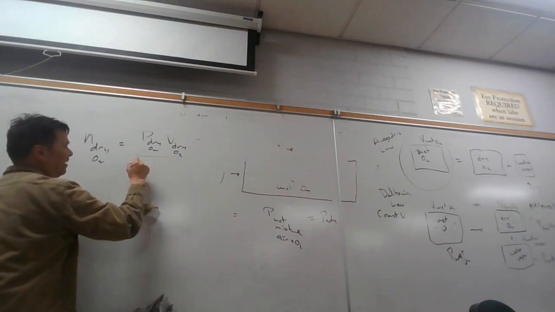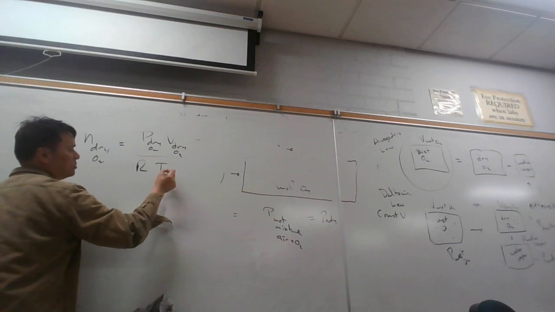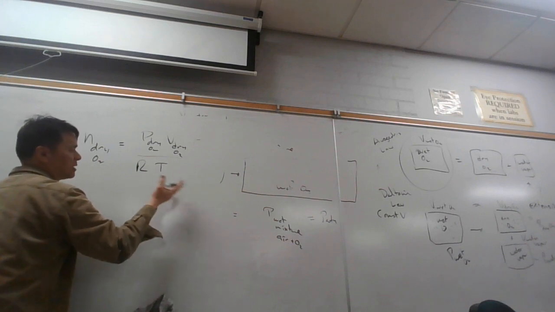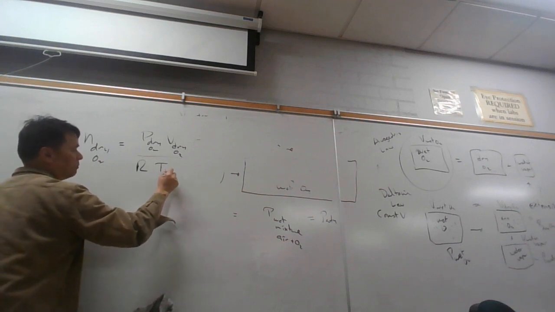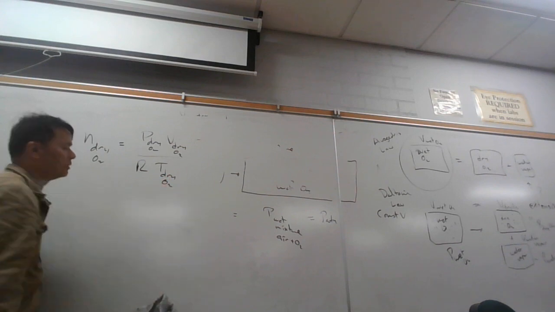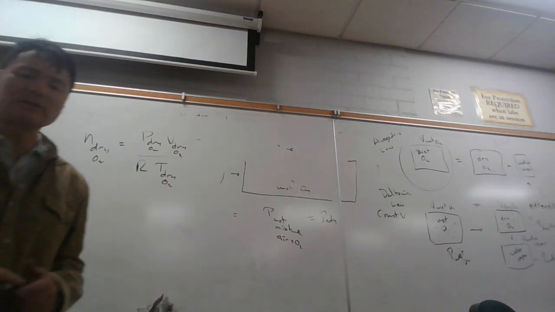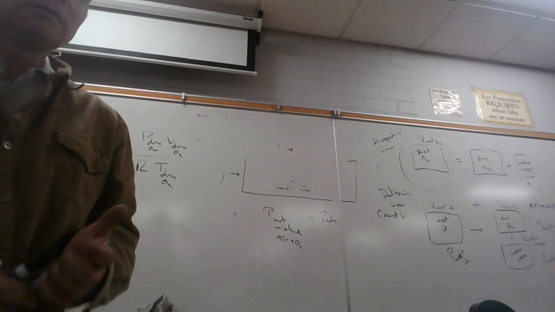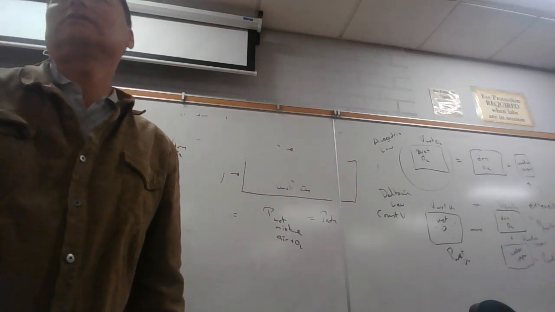Divided by RT. The temperature of the dry O2 is going to be the same as the temperature of the wet O2. And so we can get everything to calculate how much oxygen we just generated. Okay, are there any questions for this?